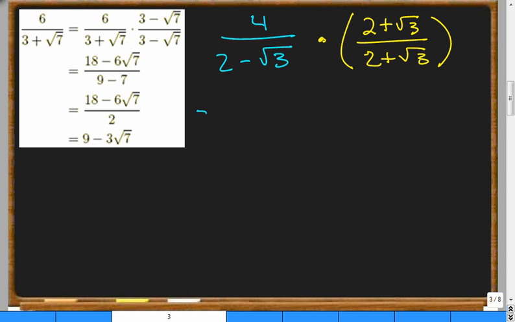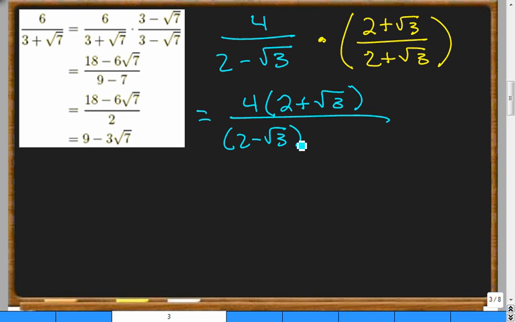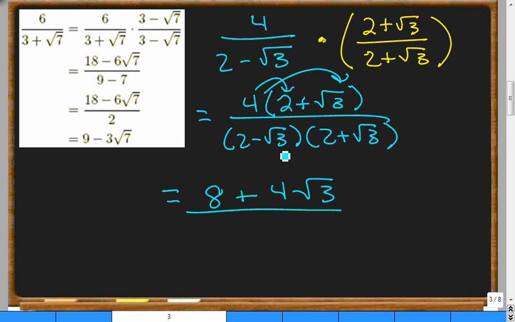So this is going to give us 4 times 2 plus the square root of 3 over 2 minus the square root of 3 times 2 plus the square root of 3. The top simplifies: 4 times 2 gives us 8, and 4 times the square root of 3 gives us positive 4 times the square root of 3. And the bottom is going to give us 2 times 2, which is 4, minus the square root of 3 times the square root of 3, which makes minus 3.